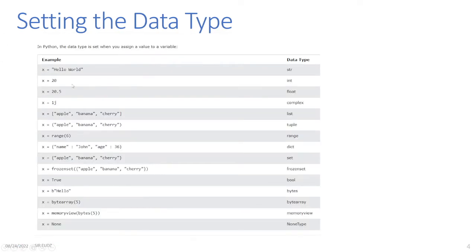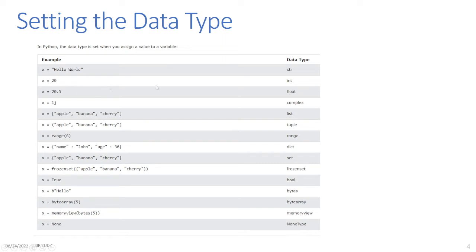Setting the data type. By default, these are the data types that will be given by Python. Let's say we have x equals "Hello World" enclosed in double quotes, that will be a string.